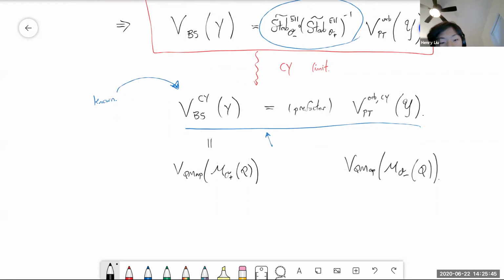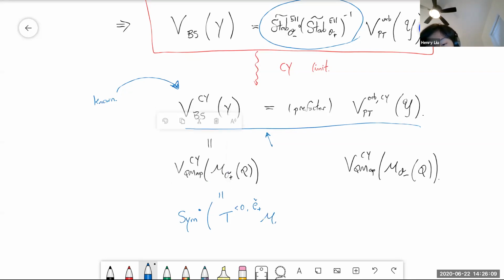And so in the Calabi-Yau limit, these two things essentially become Sym of half of the tangent spaces, maybe with respect to C check plus of moduli sometimes.